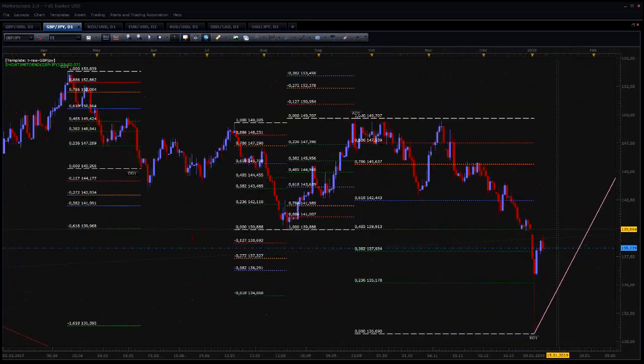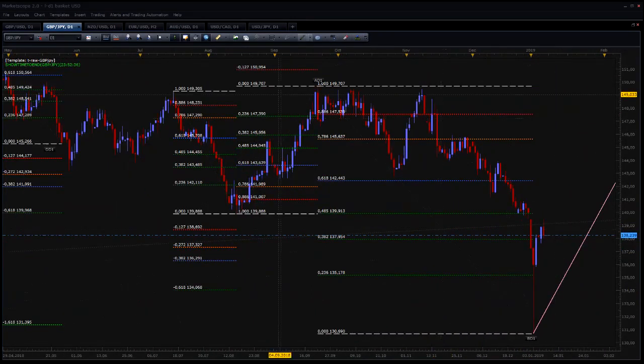So if you like, you can draw over here a counter downtrend line just for this part, to see whether the market will break out and go upwards, or find resistance and go downwards. There we go. You can do that.